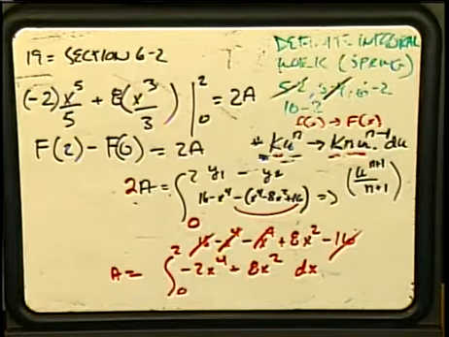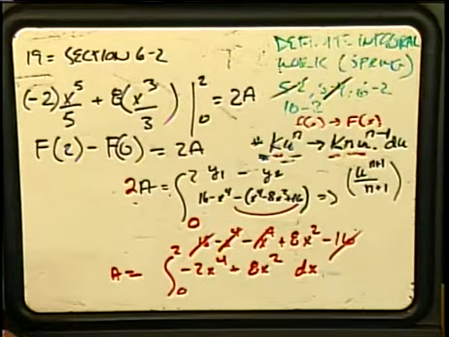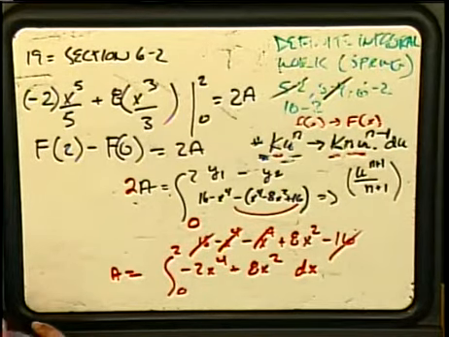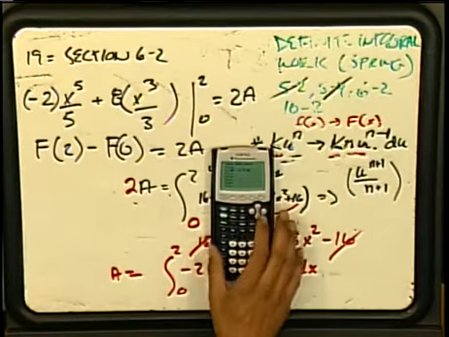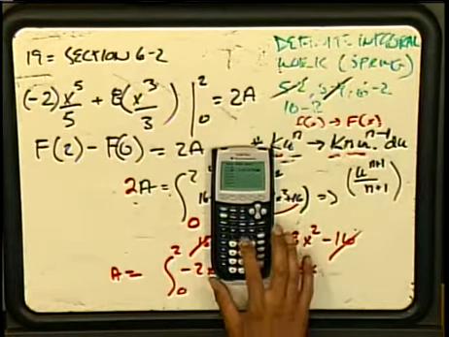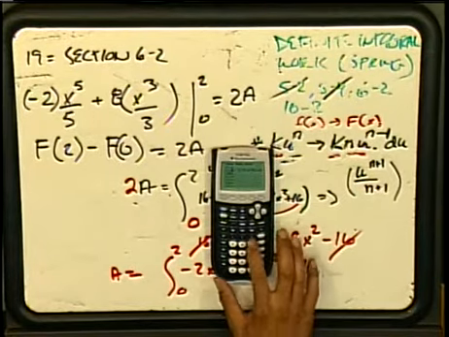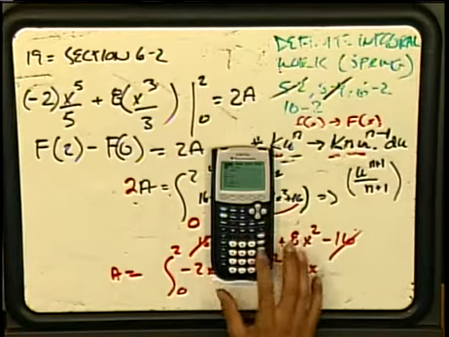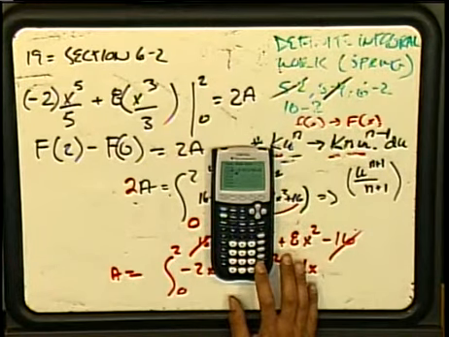Yeah. The 0 cancels it. You don't even have to do anything for that. So I get 25.6.